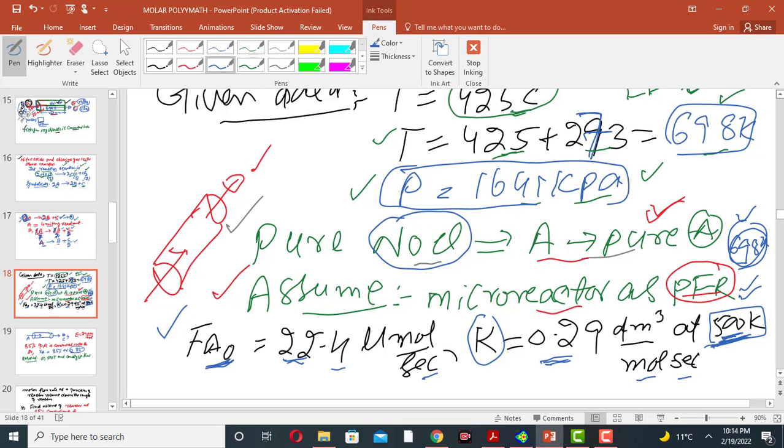For this, we will use the Arrhenius equation, which is K equal to K0 exponential E divided by R into 1 divided by T0, which is 500, minus 1 divided by T. So we will use the K value at 698 Kelvin.